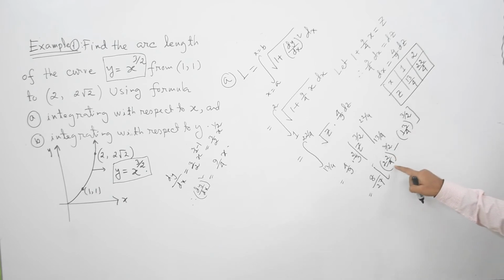And you see in the denominator 4 to the power 3/2, it means 2 to the power 3, which is 8.